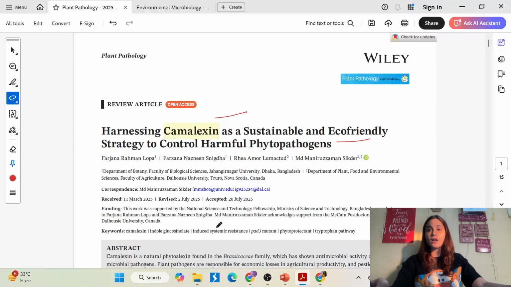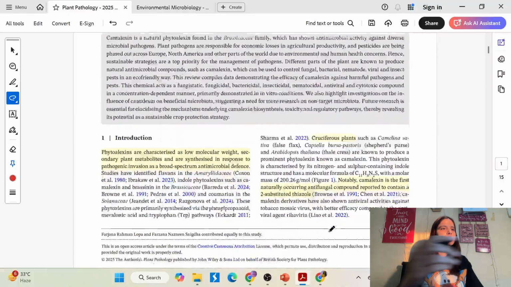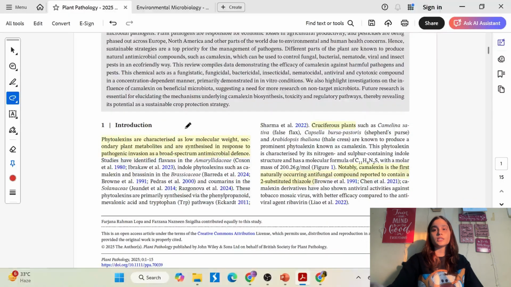Okay, so beginning with what are phytoalexins. They have stated that phytoalexins are characterized as low molecular weight secondary plant metabolites and are synthesized in response to pathogenic invasion as a broad spectrum antimicrobial defense. So basically, these phytoalexins are secondary metabolites.